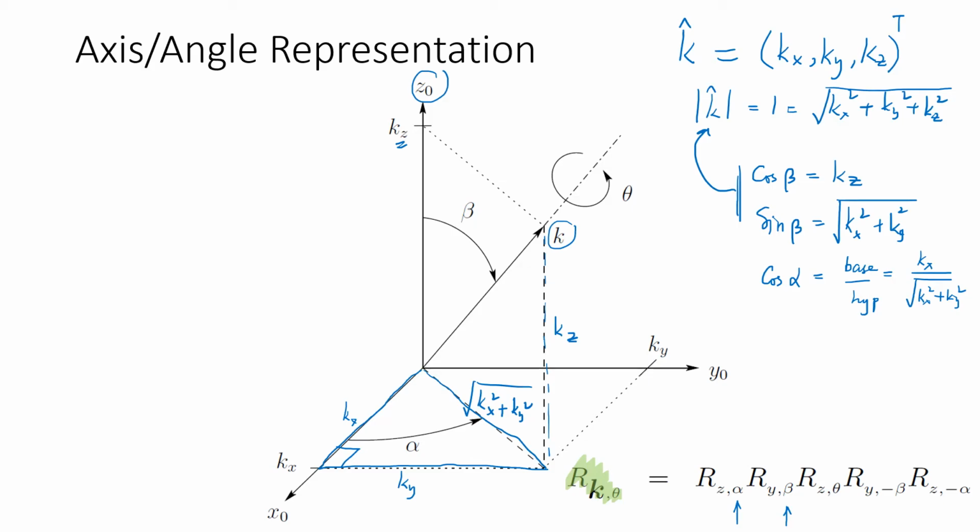So this is going to be the expression for cos of alpha, and similarly you can write an expression for sine of alpha as well, which is going to be perpendicular over the hypotenuse, and perpendicular obviously is ky over the same denominator, kx squared plus ky squared.